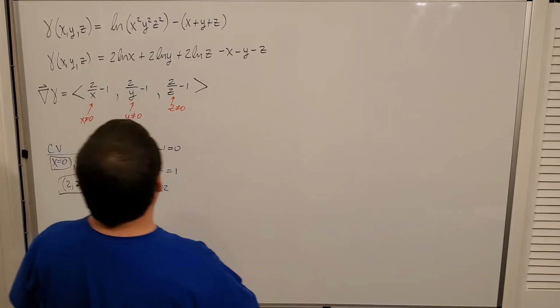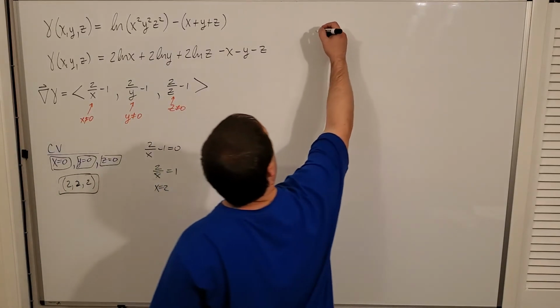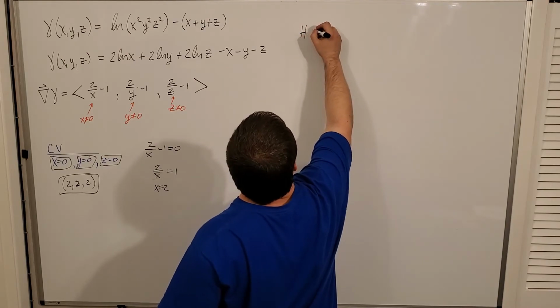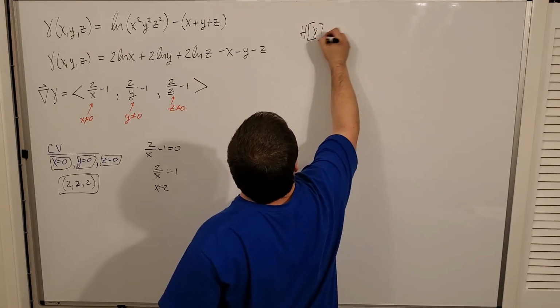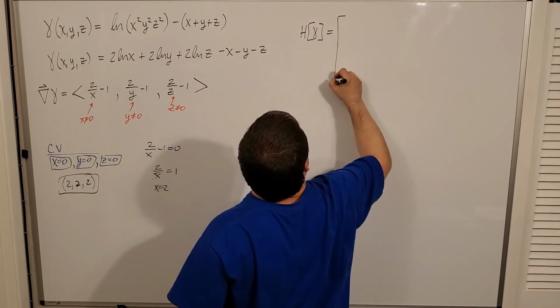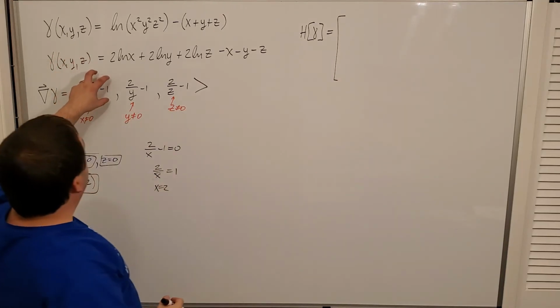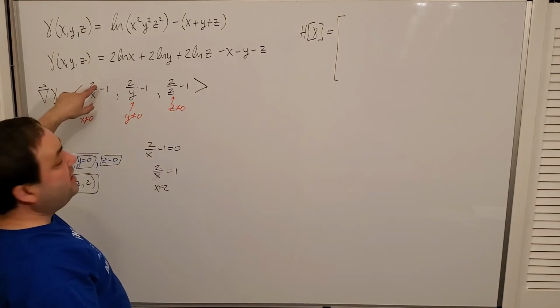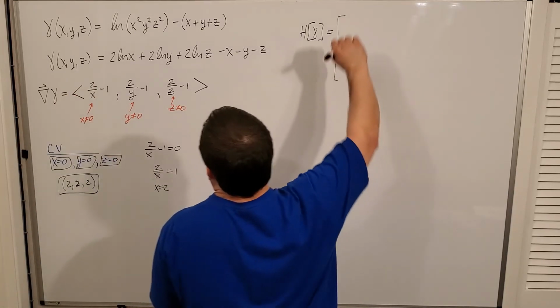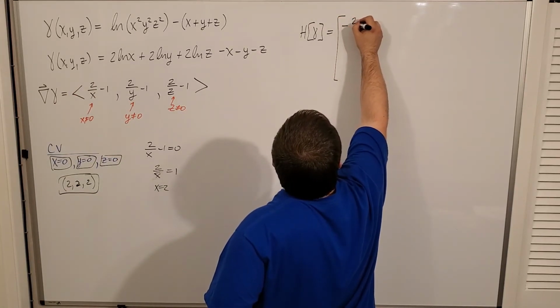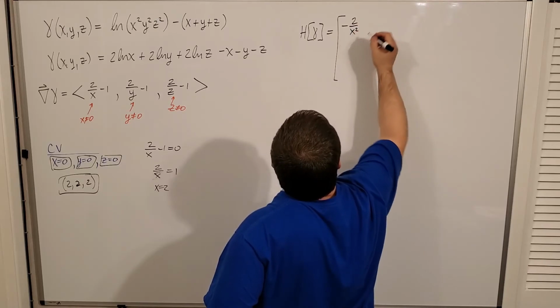All right, so let's do our Hessian matrix. The Hessian of gamma is going to be, okay, so from my x component here, I do the x derivative, which is going to give me negative 2 over x squared.